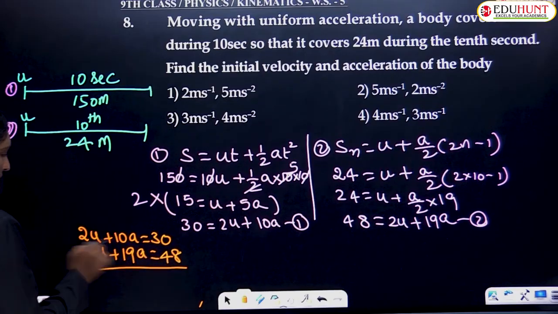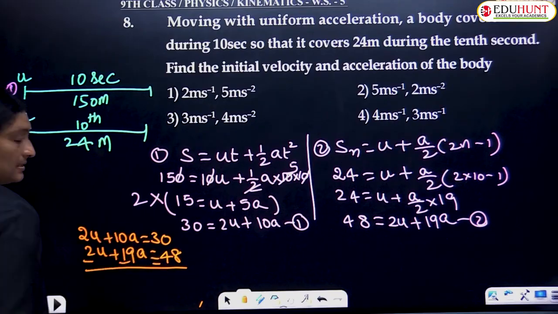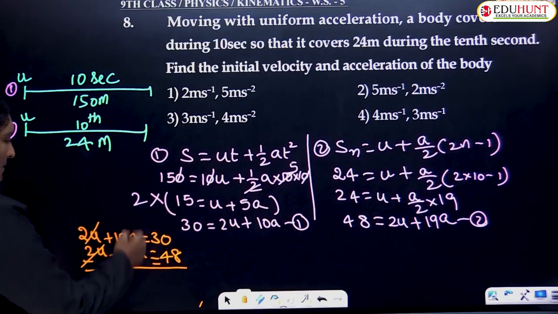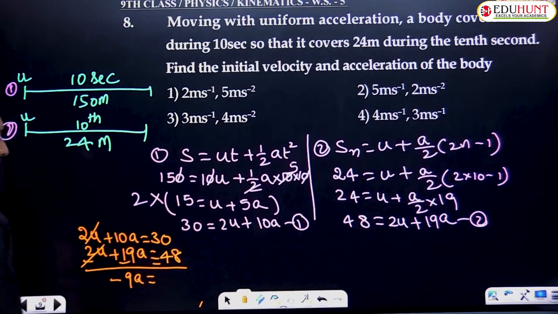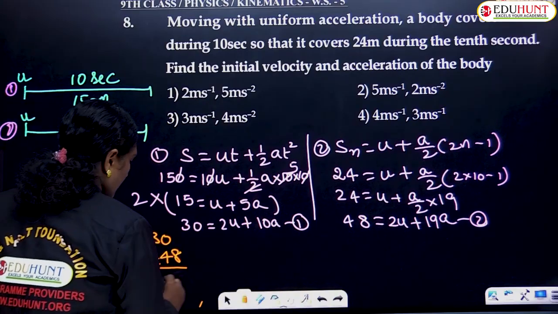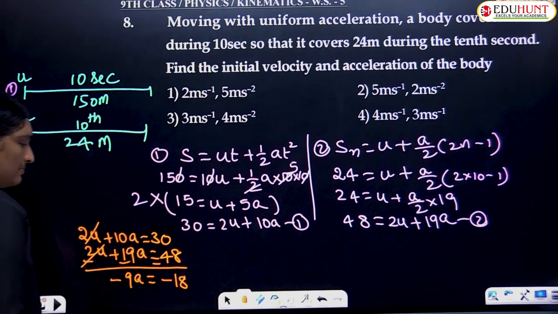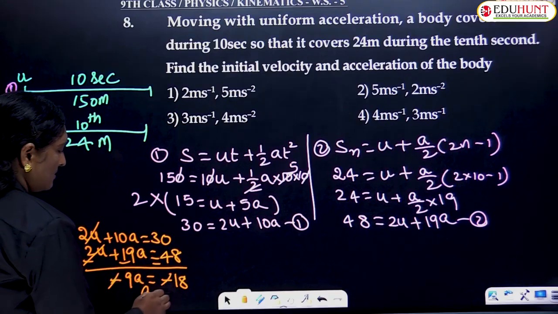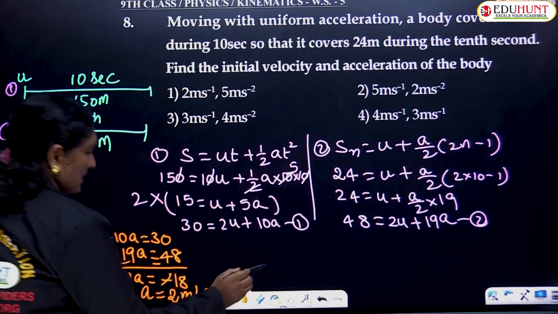If you subtract both the equations, this minus this and this minus this. 2u minus 2u is 0. 10 minus 19 is minus 9a equals 30 minus 48, which is minus 18. Minus 9 2's are 18. Hence a equals 2. The value of a is found to be 2 meter per second square.